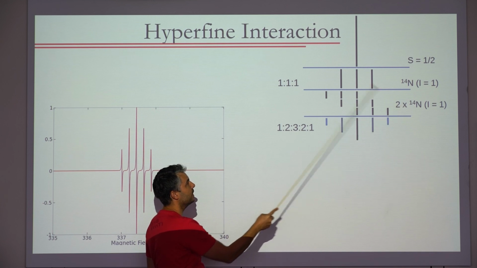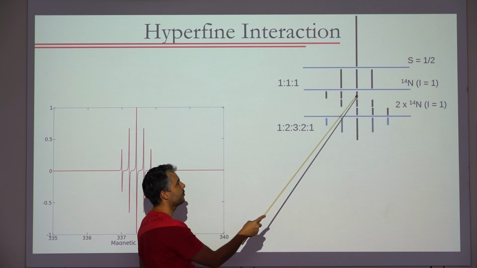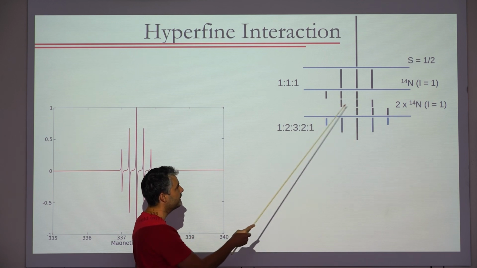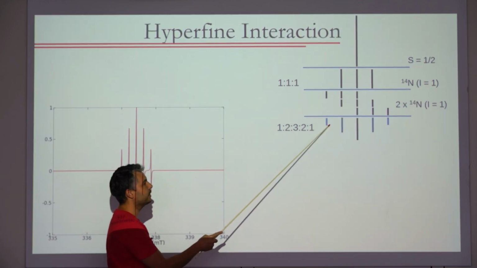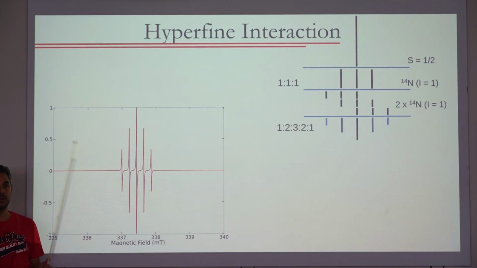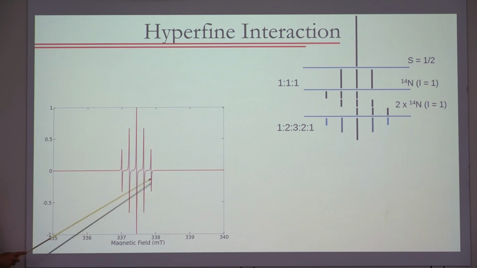If you add a second one, you split each of these lines into 3. So I made the smaller segments, and you start adding them up, and then you get these 5 lines with this ratio of intensities. So for the interaction of one electron with two 14N nuclei, you get a simulation like this.